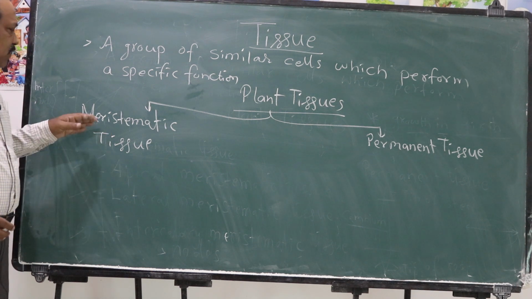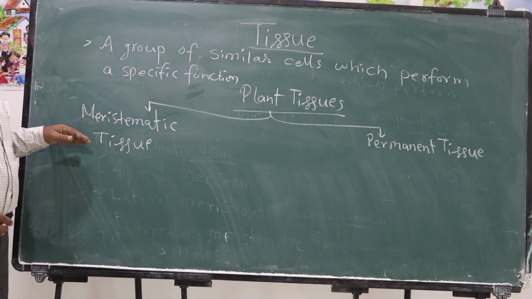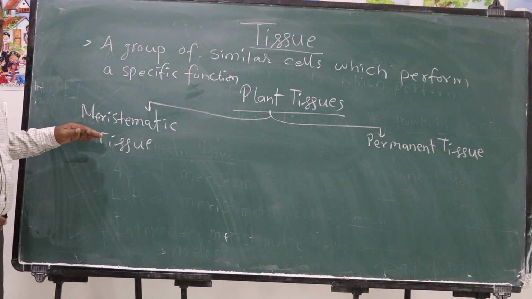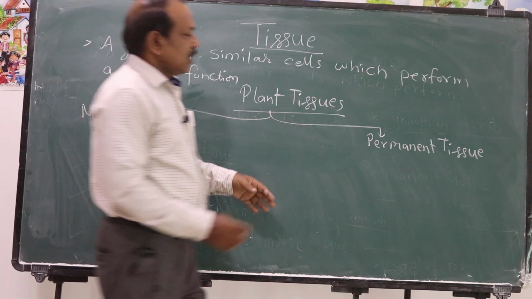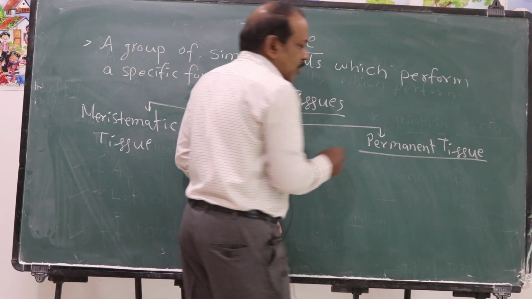In our previous class, we studied about this meristematic tissue in detail. What are the different types of meristematic tissue and what is their function. So today we will be studying details of permanent tissue.